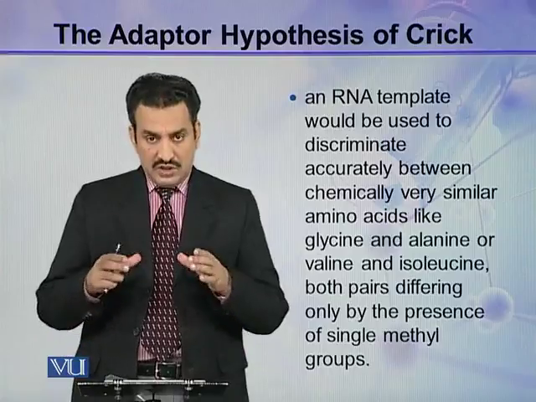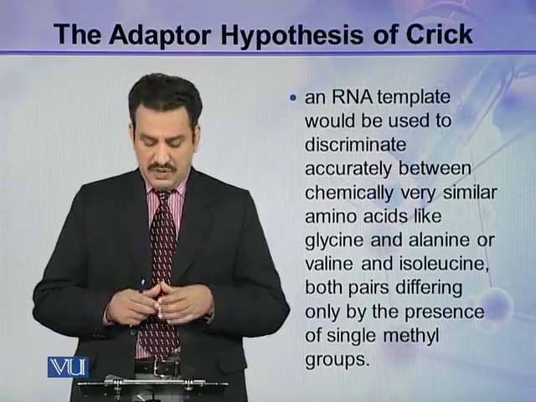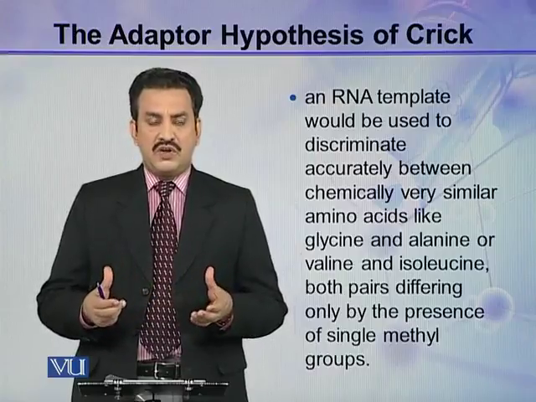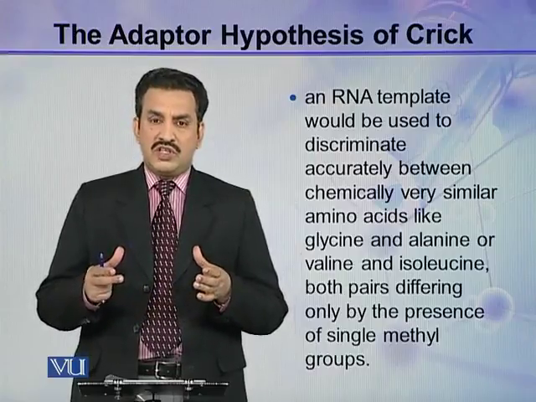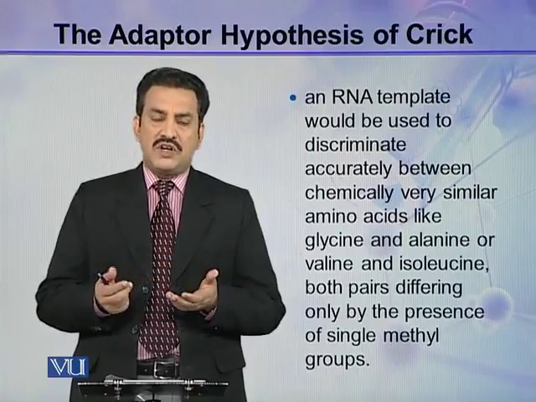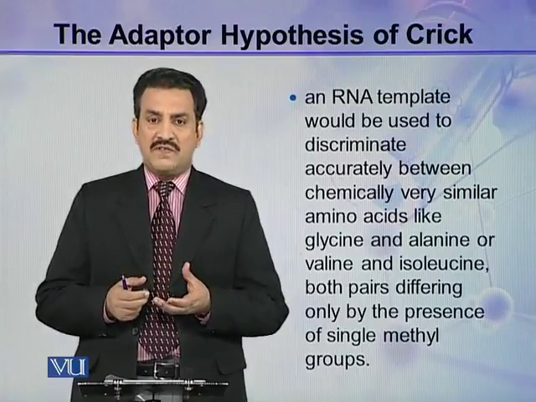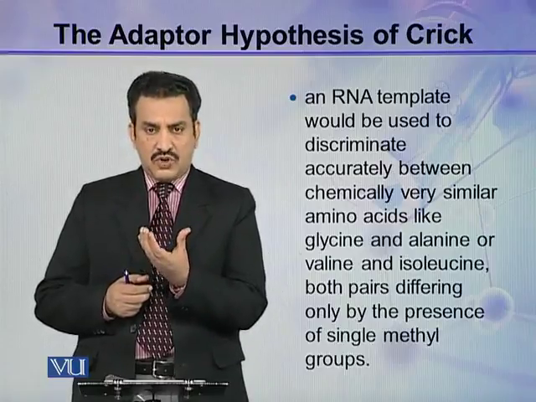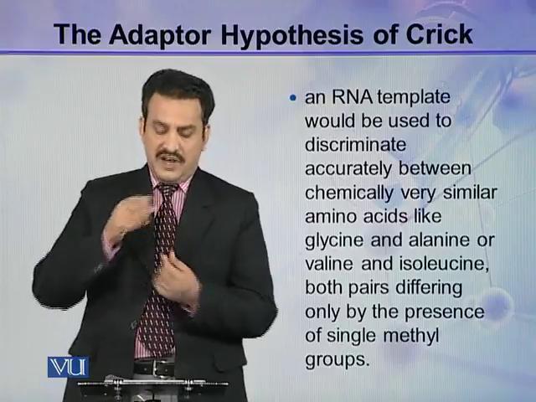These amino acids are very similar because they differ only by the presence of one methyl group. So how could these very resembling amino acids be identified by these hydrophobic folds or patches present on the RNA?